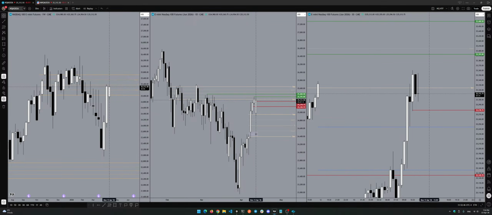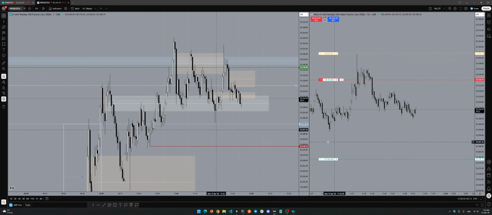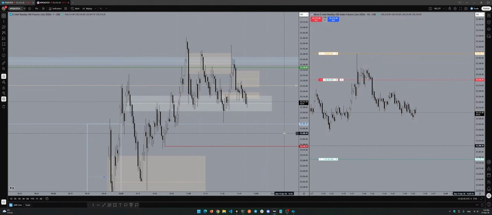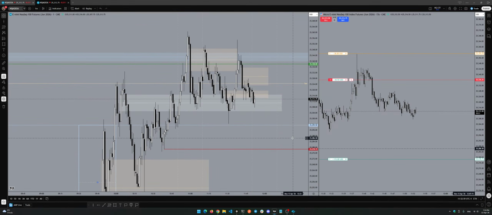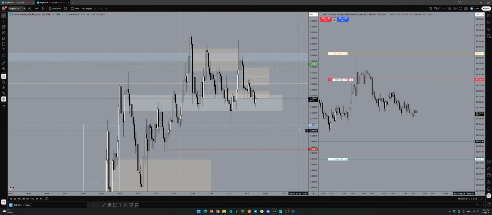And ES and NQ. Doesn't want to close below.